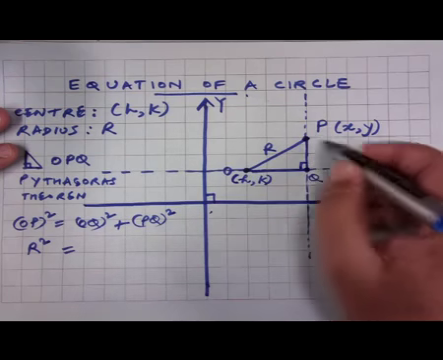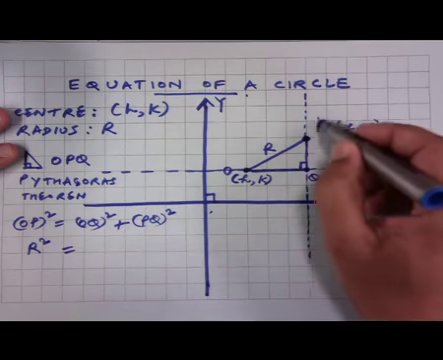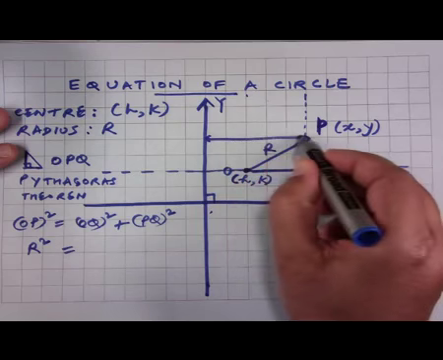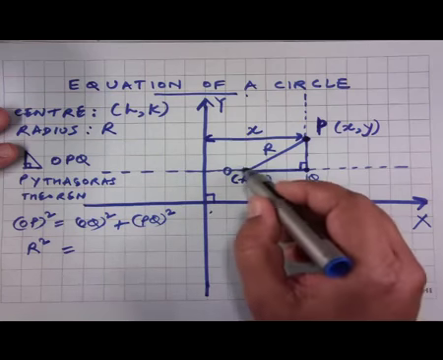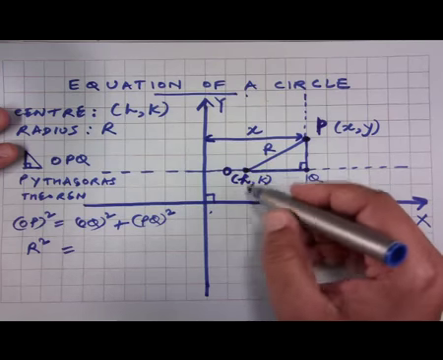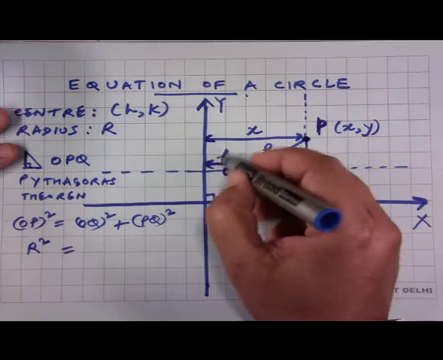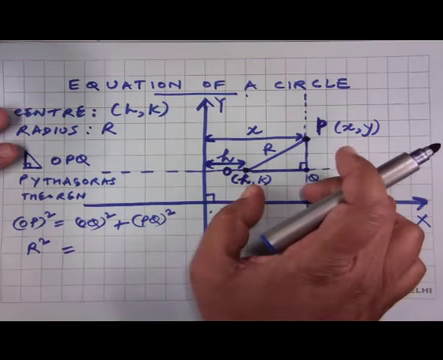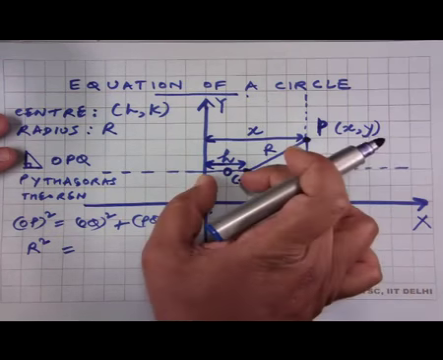If we see, because the x coordinate of this point P is x, this horizontal distance is x, the x coordinate of the center O is h, therefore this distance is h, and therefore it is easy to see that OQ square will be x minus h the whole square.